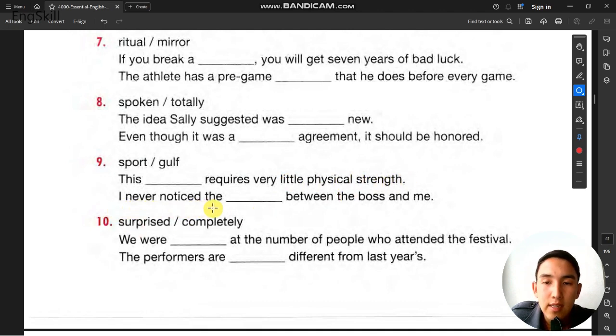I never noticed the gulf between the boss and me. Number 10, surprised and completely. We were surprised at the number of people who attended the festival. The performers are completely different from last year's.